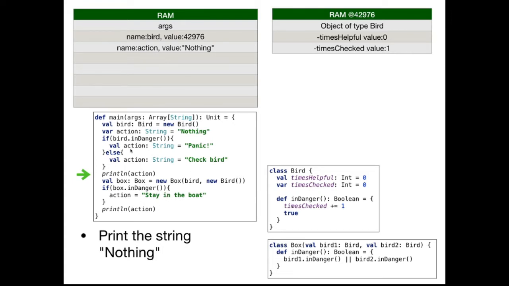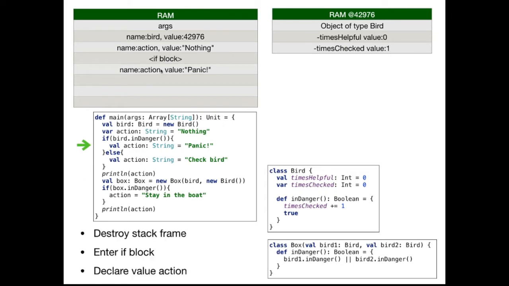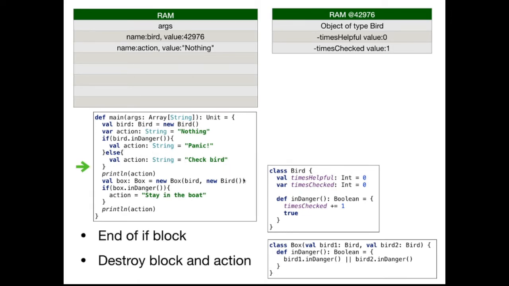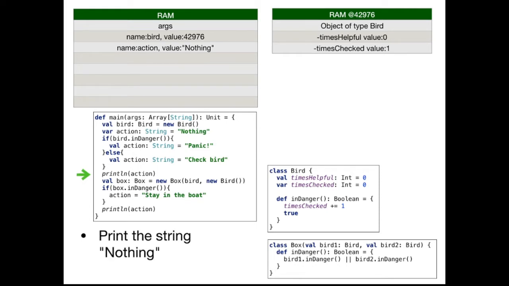We print nothing here. So with this val, if we just did action equals panic, then the program looks in this block for a variable named action, doesn't find it, expands the scope of its search, finds this variable, then changes it. That's not what happened. We declared a brand new variable named action, so that gets destroyed at the end of the block, print nothing.